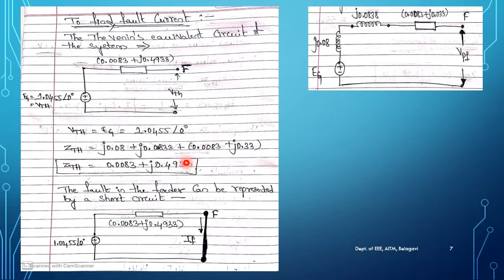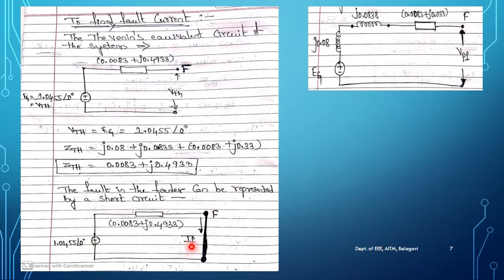Okay, so according to our Thevenin's theorem, to find out the fault current, next we need to short these two points, that is from point F to our reference point. After shorting these two points, a short circuit is happening in our circuit. Due to that, a fault current IF will start to flow through our circuit, with the help of this voltage source. Now it is a closed circuit.